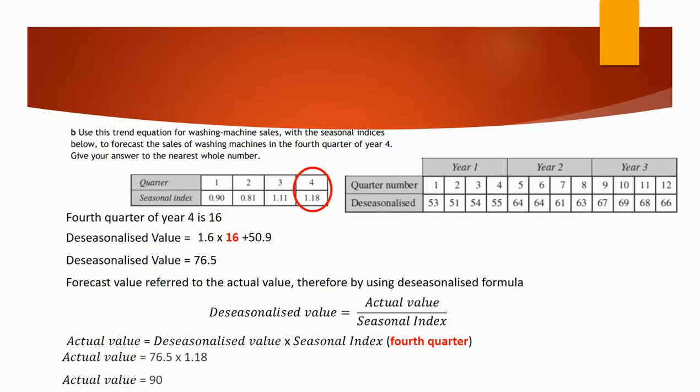Here we look into whether it is near future or not. If it is near future, then the actual value that we obtain is reliable. If it is not near future, it is not reliable. For this case, year 4 is near future, therefore it is reliable. If they ask you for year 5, year 6 or year 7, it is not reliable.